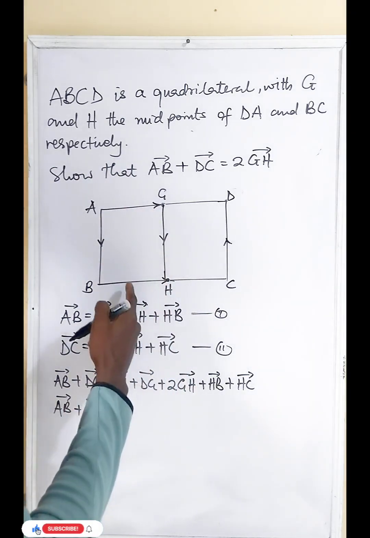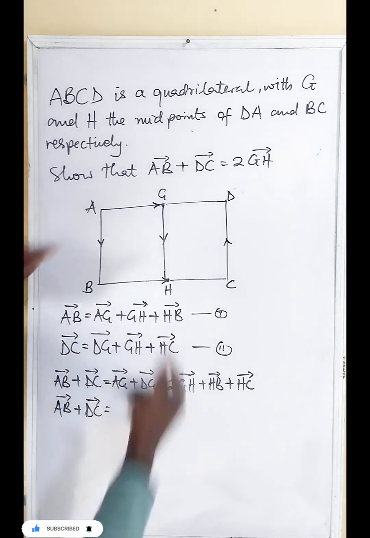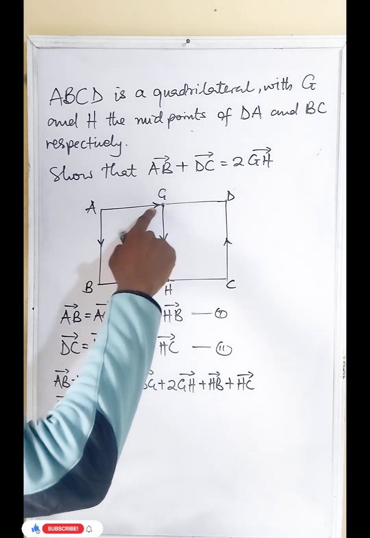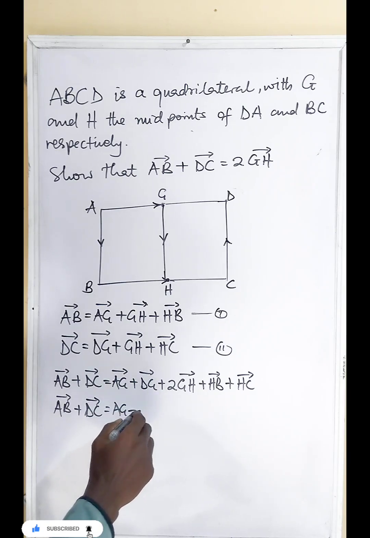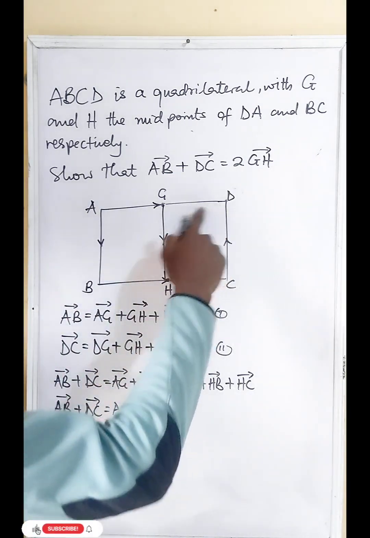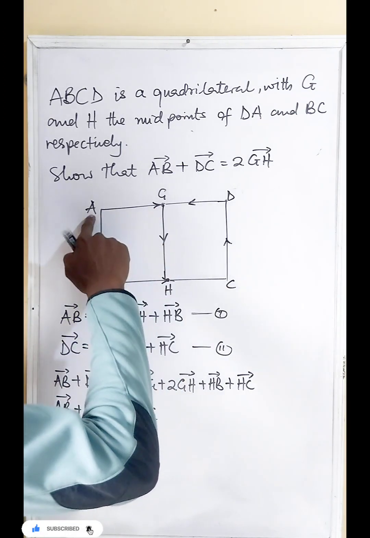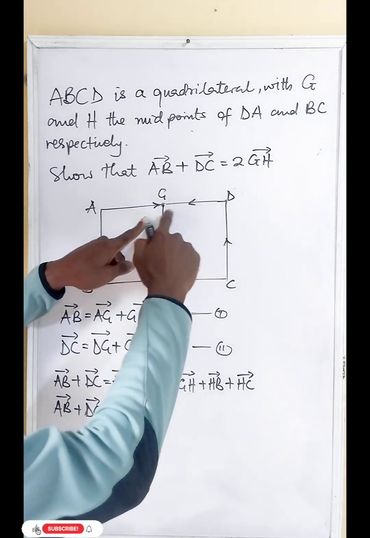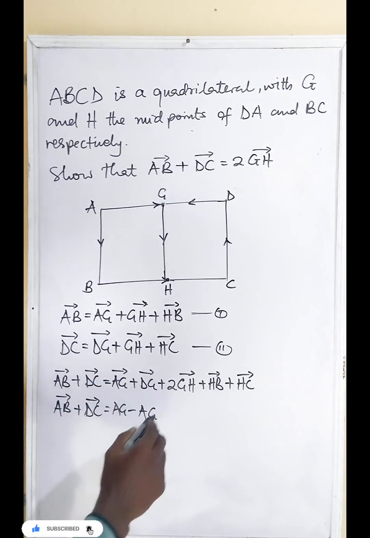Since G is the midpoint of AD, it definitely means AG and DG will be 0, because AG will be minus DG, since it's the same thing as from G to A. Take note, the right direction is from A to D, but here it is D to G. D to G is the same thing as G to A. So A to G and our DG will now be the opposite of AG.